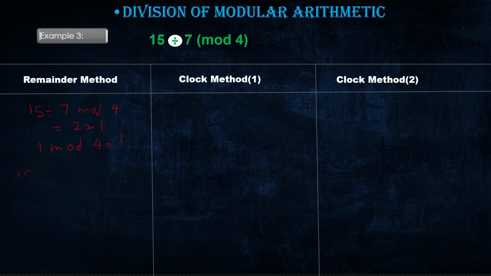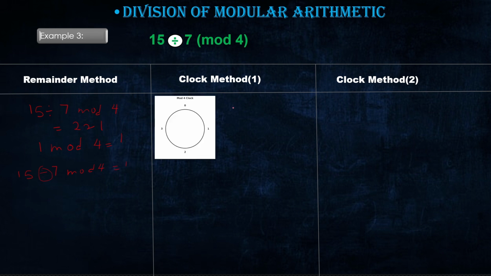So you can say this as 15 modular division 7 mod 4 is equal to 1. Clock method 1, 15 divided by 7 is 2 remainder 1. We take our remainder, we just have 1, so our answer is 1.